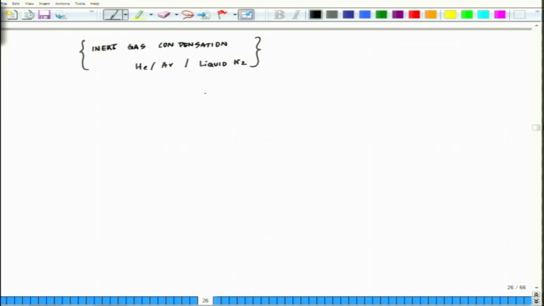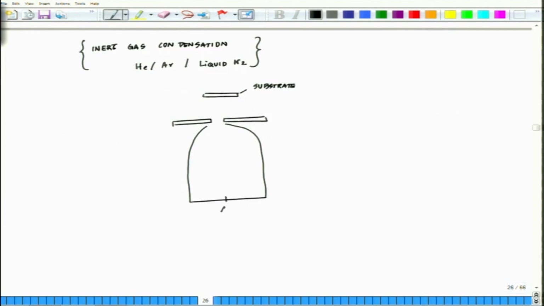Say for example, you have a substrate out here, okay, and you have here a chamber having argon which is being purged into this chamber, and you have, say, iron, silver, silicon likewise, and there is approximately 10 to the power minus 1 bar pressure out there, and this is called the aggregation zone.